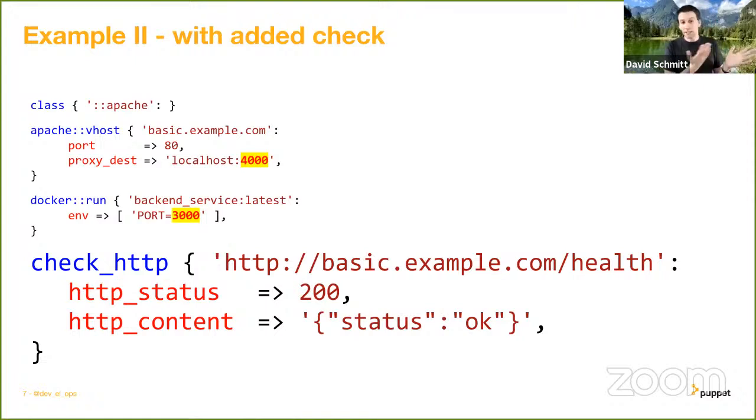For the sake of brevity, the example glosses over a couple of details like resource dependencies. Sure, we can rely on recent advances in Puppet to execute in manifest order, but for more complex configurations, maybe the checks are in a different class and need to be properly ordered, so that they happen actually after the service has been configured. The service might take a few moments to start up, so the check should be configured with a retry loop and a timeout, but those are implementation details, right?